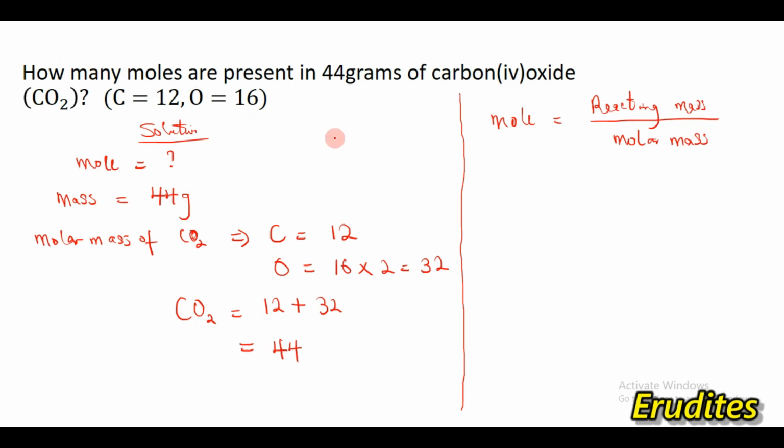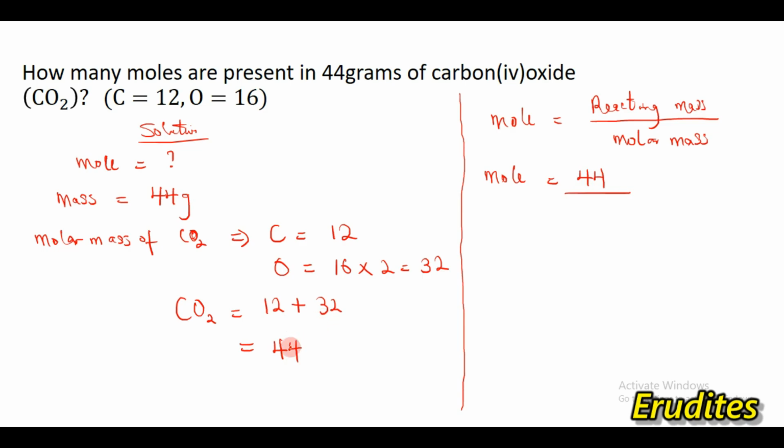So we're looking for the moles. So mole is equal to our mass here. The reacting mass in this question is 44 grams. So our reacting mass is 44 grams over the molar mass.